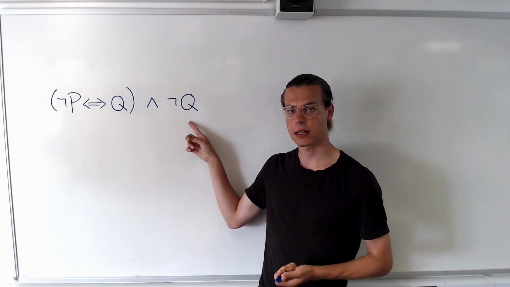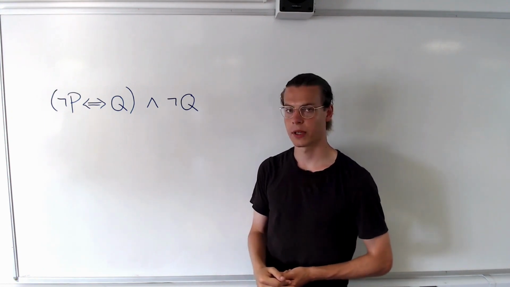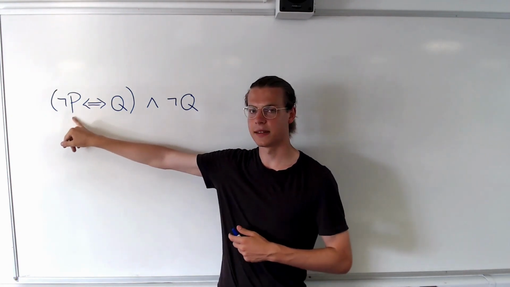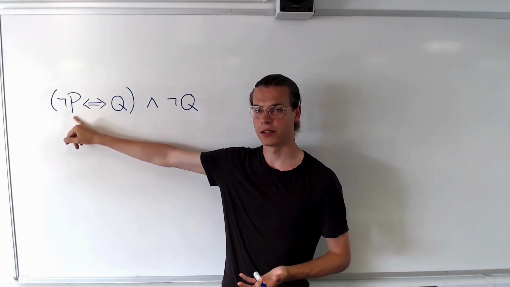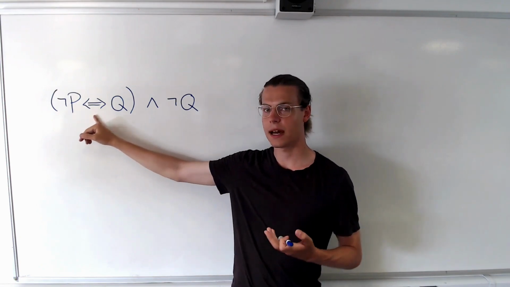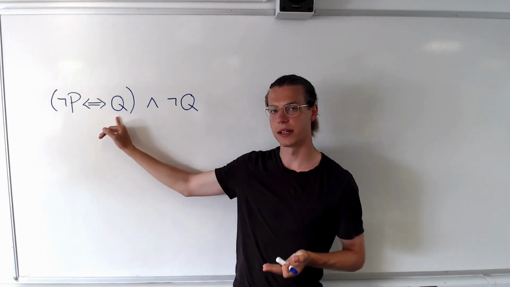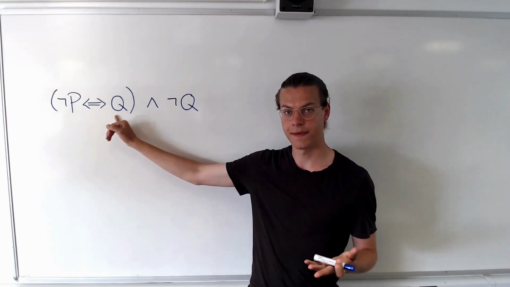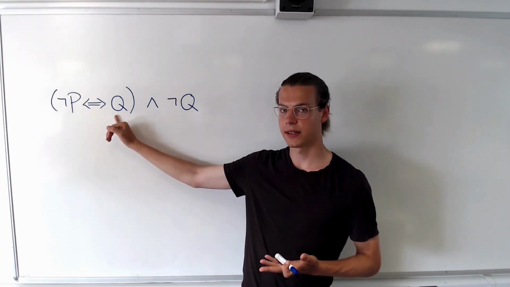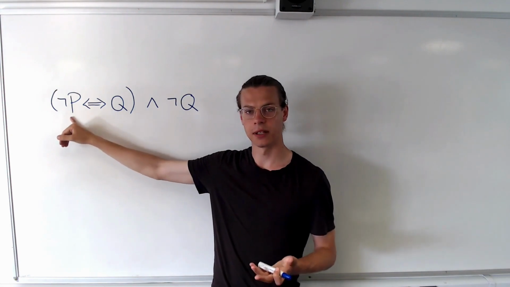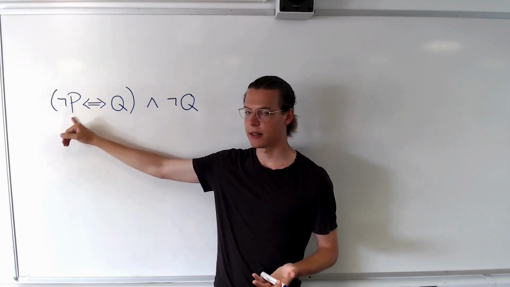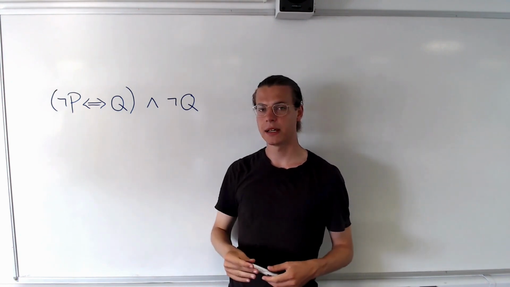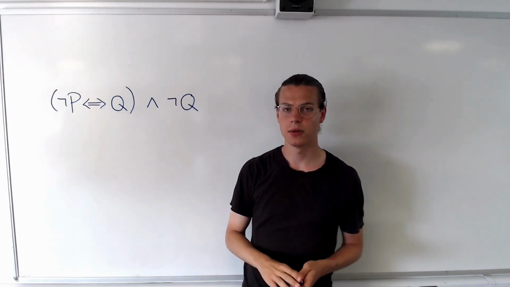So Q is false. Now let's look at this substatement. This says that not P is true if and only if Q is true. Since we now know that Q is false, this tells us that not P must be false. And so P is true. P is true and Q is false.